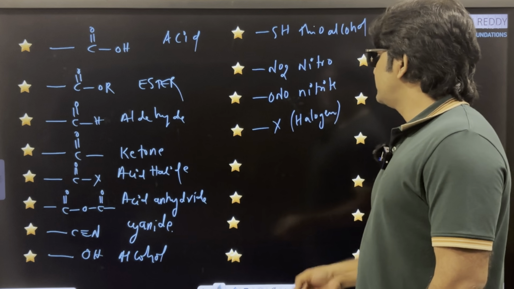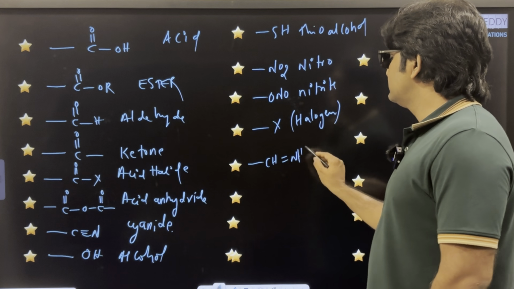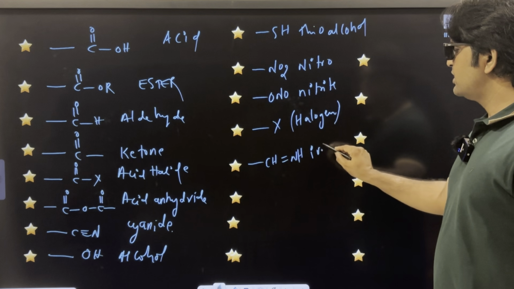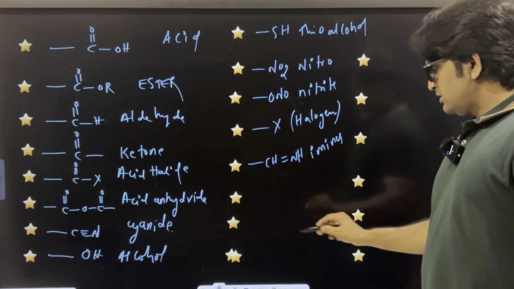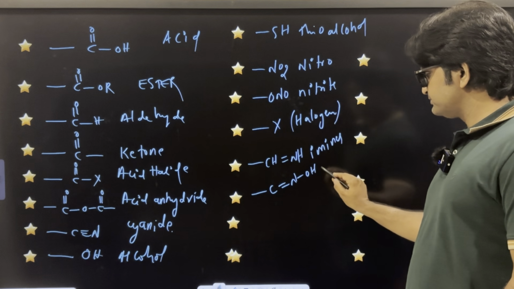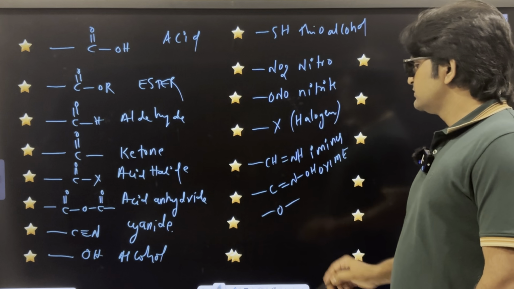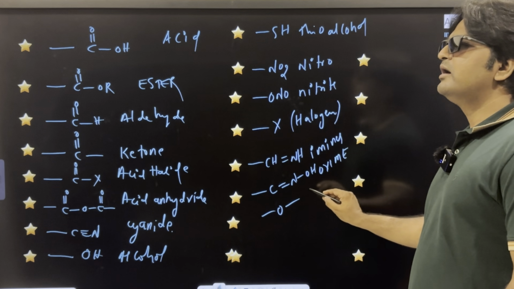Next one, for example, C double bond NH is given. These are known as imines. Next one, C double bond NOH, oxime. Something like this is given: ether.